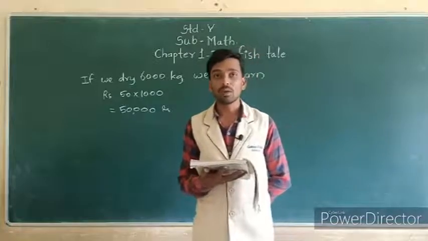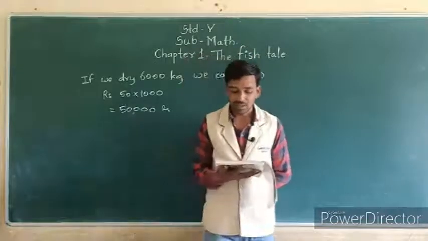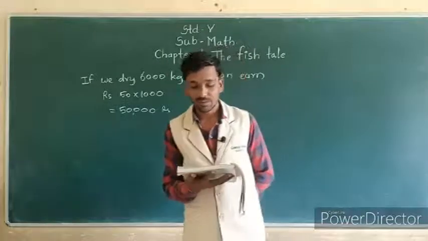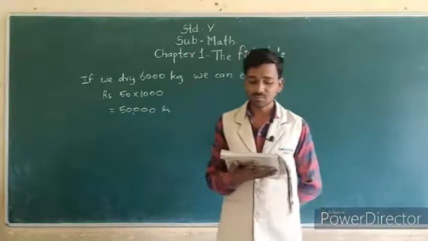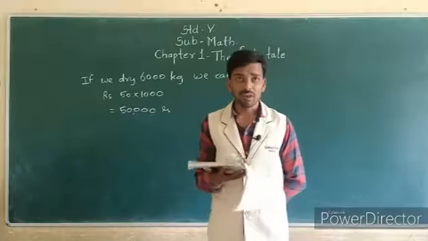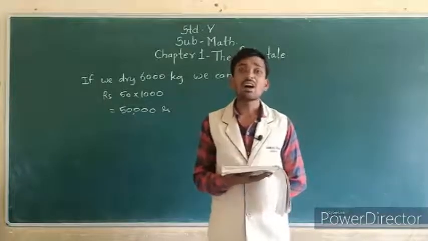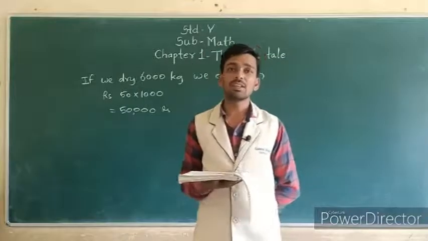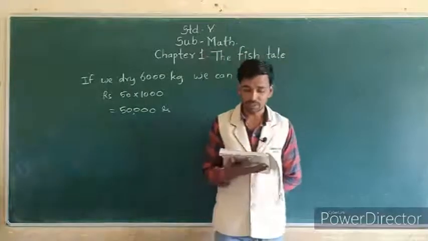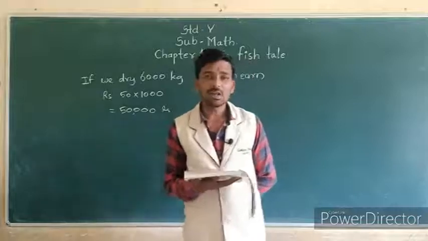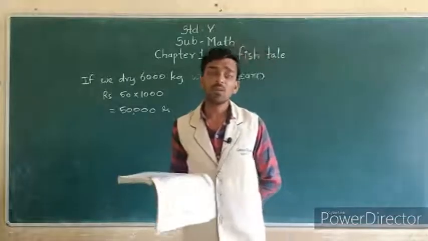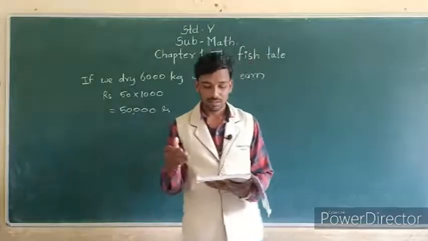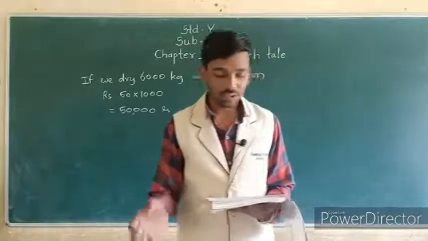For every month, they require 1,500 kg salt for that dry fish. The price of that salt is Rs 2 per kg, means for 1 kg that is 2 rupees. Monthly cost means in 1 month how much they pay for that salt.